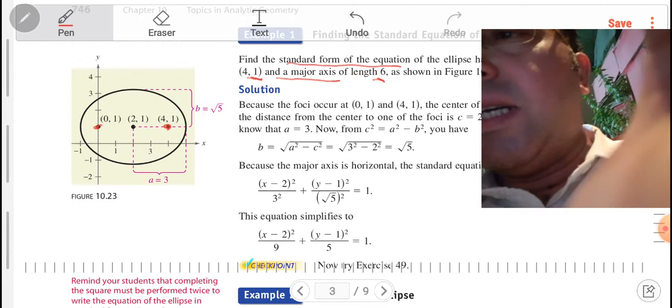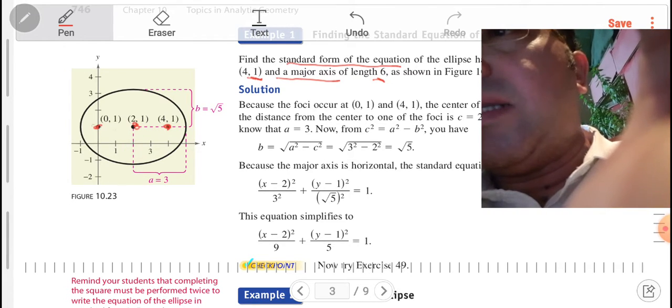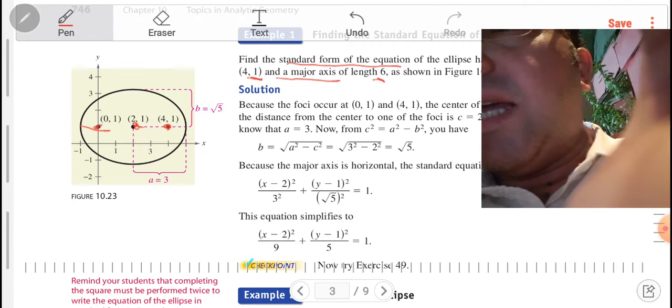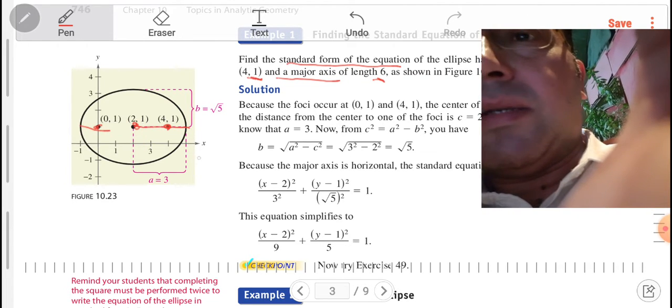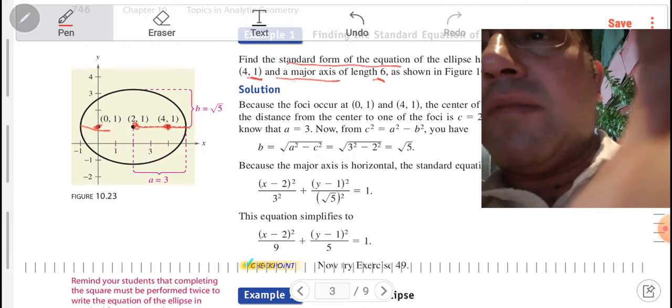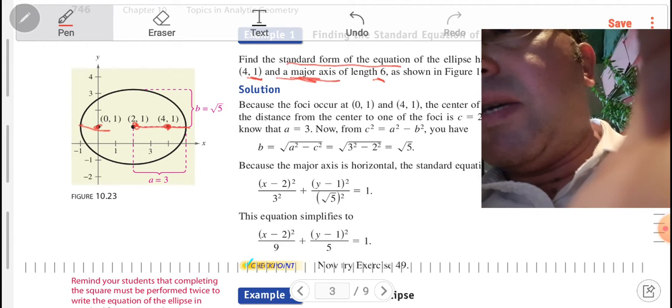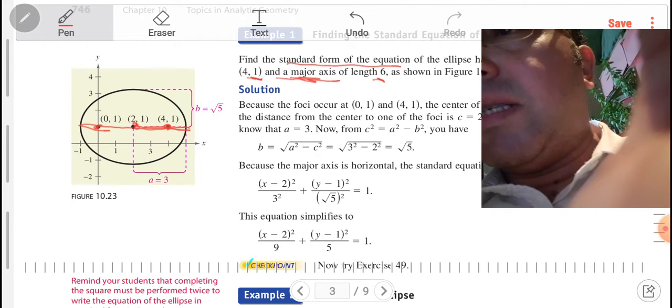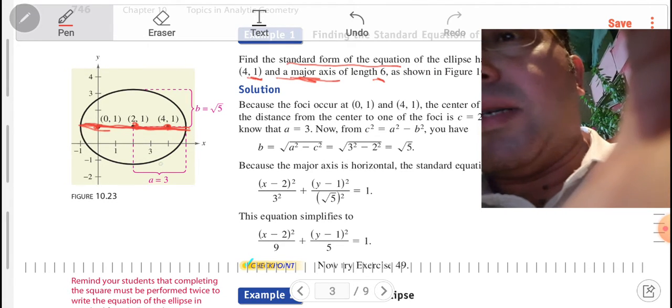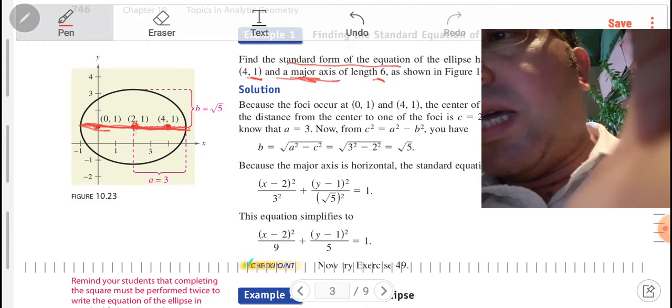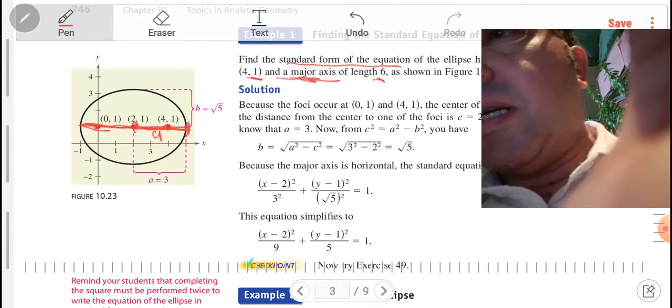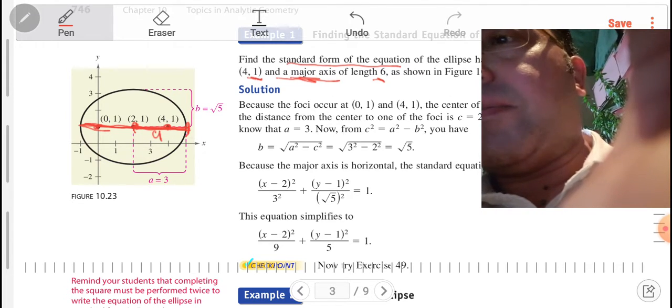Center, I'm going to find it. He said the major axis is 6, I'm so sorry. The major axis is 6, which means this length, called the major axis, equals 6 units. So a here equals 3.